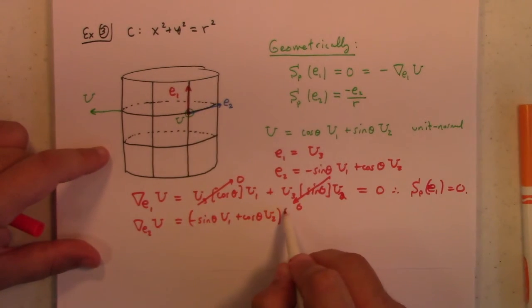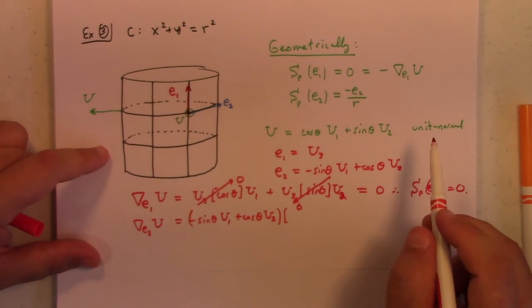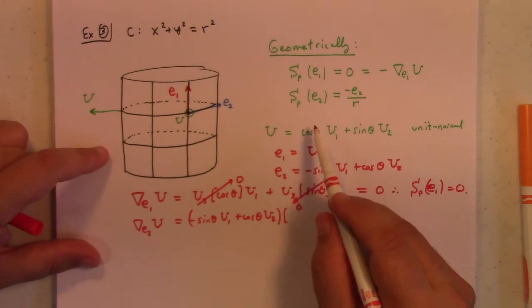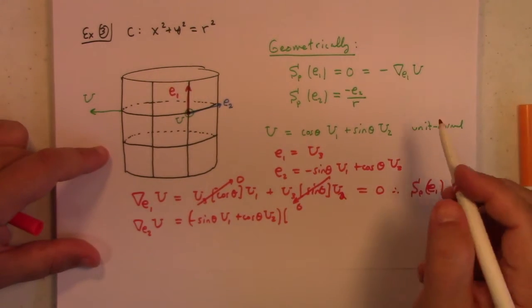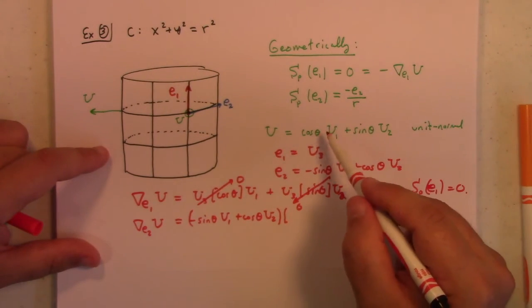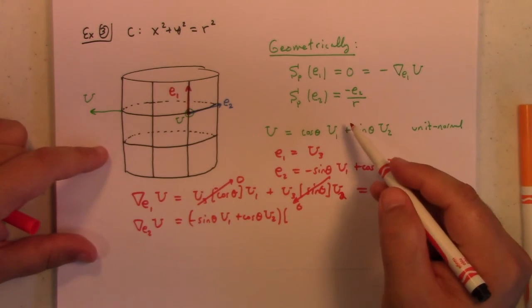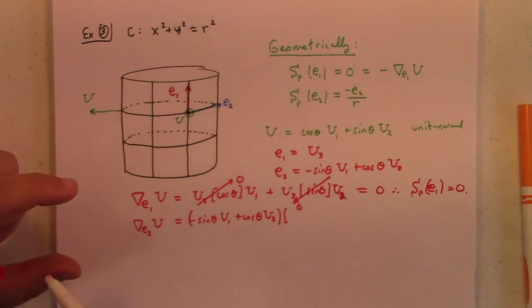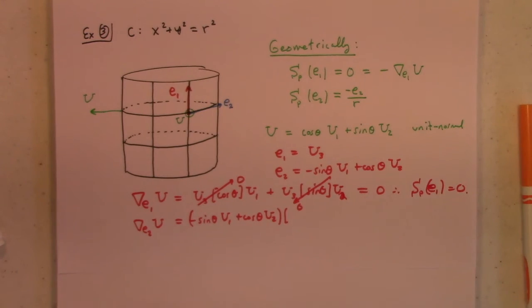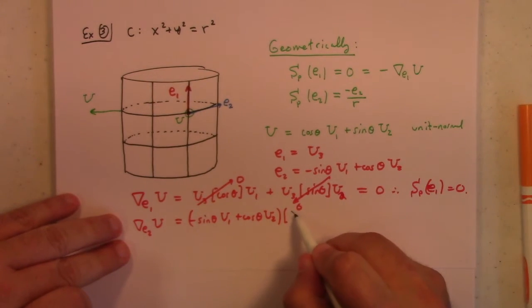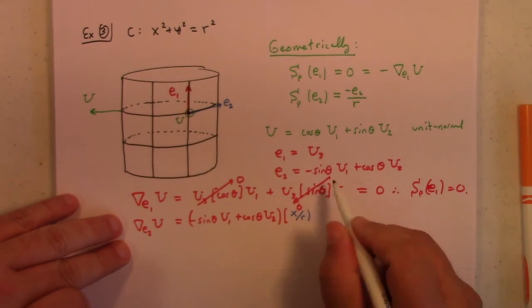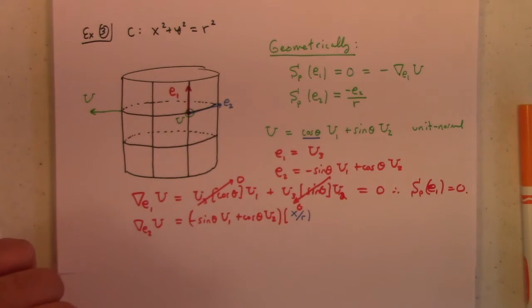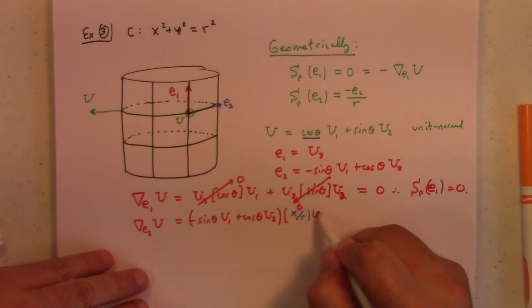That first acts on cosine theta, but let's write cosine theta as a function of x, y, and z. Cosine theta as a function of x, y, and z is just x over r here because we're on the cylinder. So cosine theta I'm going to write as x over r. And of course, all of that multiplies by U2.